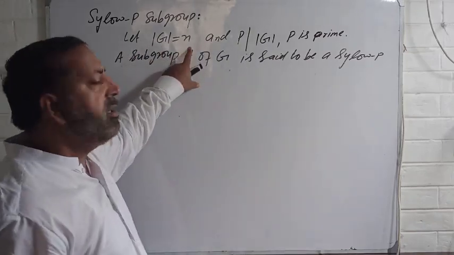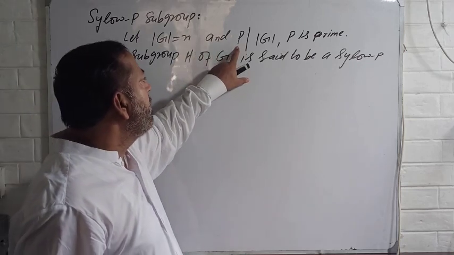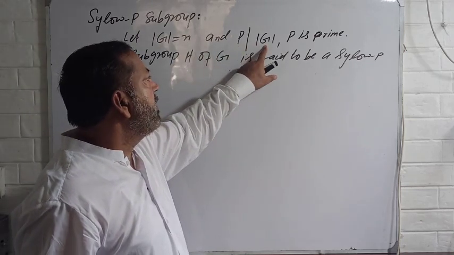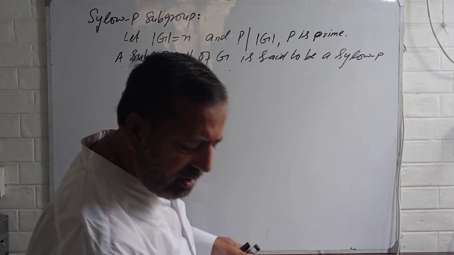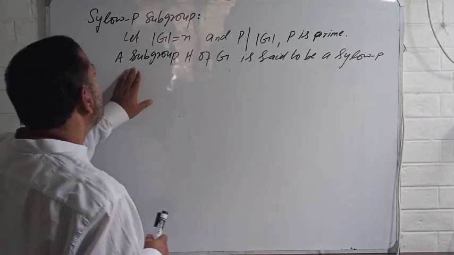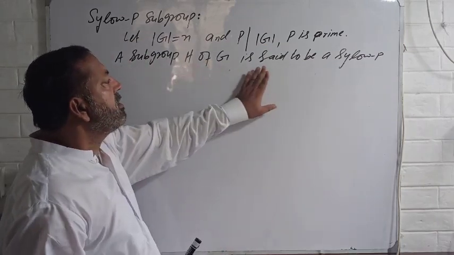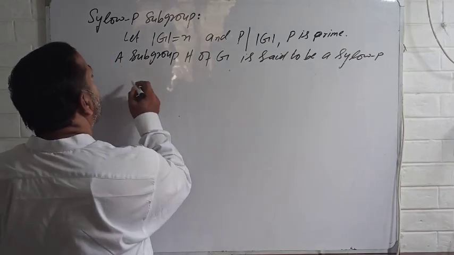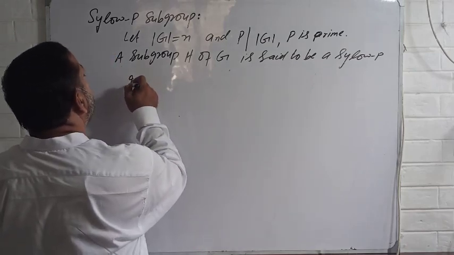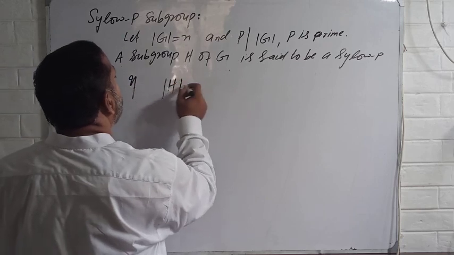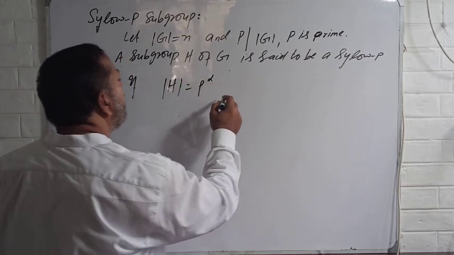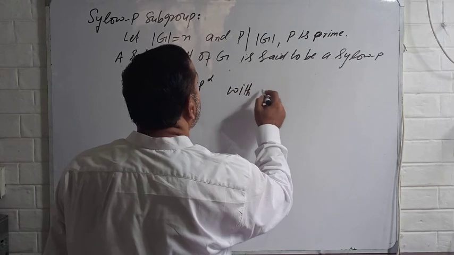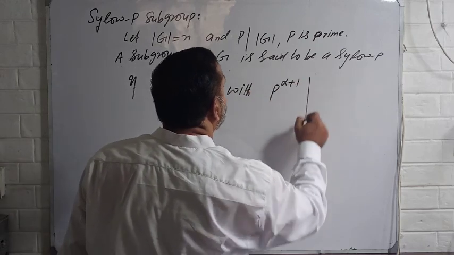let G be a finite group and P any prime divisor of order of G, then a subgroup H of G is said to be a Sylow-p subgroup if order of H is equal to P power alpha with P power alpha plus 1 not dividing n.